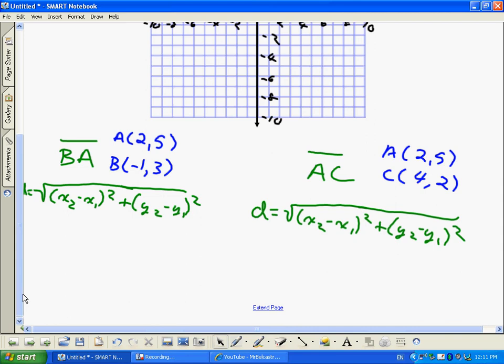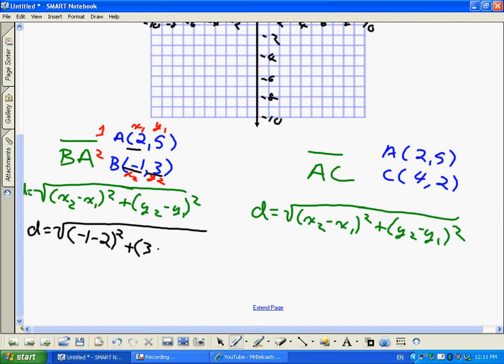Let's try to organize this so it's easy to plug in. In our first example, we're going to call A our 1s. So this is x1, y1. And we'll call our B our 2s, x2, y2. So that when we go to plug these in, D is equal to the root of, we know that x2 is -1, subtract x1 is 2, squared, plus y2 is 3, subtract y1 is 5, squared.